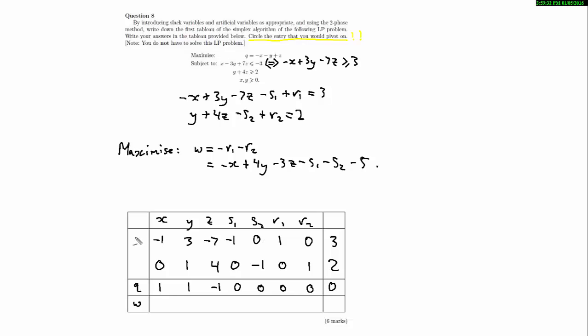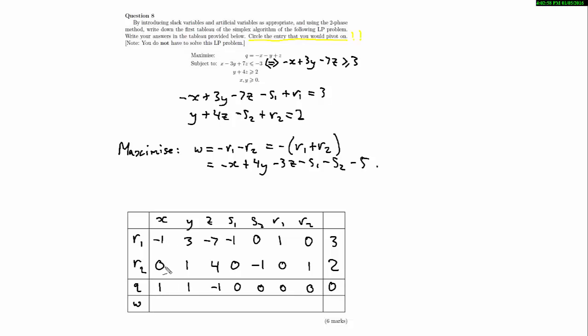Okay, so now for this Q row here, we flip the signs for the coefficients in front of here. So that gives us 1, 1, minus 1, and then zeros for the rest. Okay, so now we can see that R1 is the basic variable for this one, R2 is a basic variable here. Okay, so to complete this final W row, the way I do it is to firstly notice that we have W equals minus R1 minus R2, and from this, what we can do is add up these two numbers here, and then the value we put into this entry here is that number multiplied by minus 1.